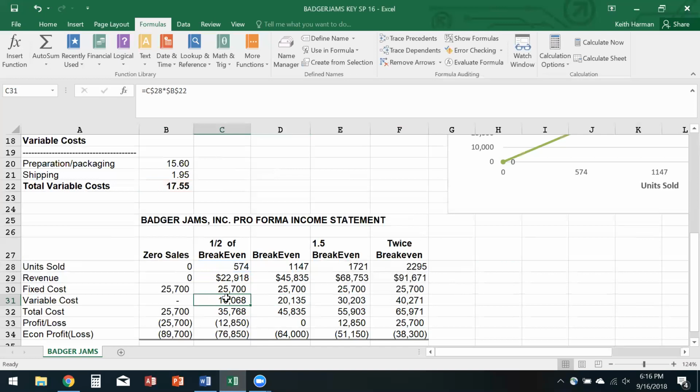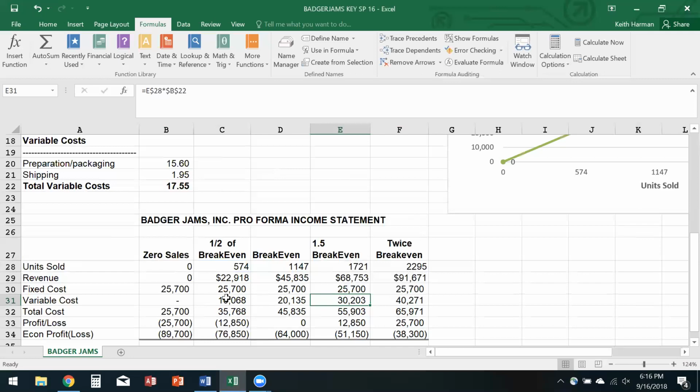So you've got here the half of break even. Now, if they sell break even, the variable costs are going to be $20,000. Let's say they do about 50% better, which is really good. Then the variable costs go up. Why are those costs going up?